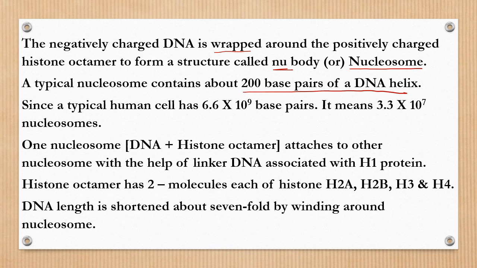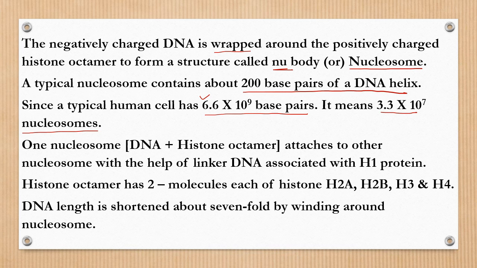Since a typical human cell has 6.6 × 10^9 base pairs, it means 3.3 × 10^7 nucleosomes are present in the cell. So, how many nucleosomes are present in a diploid human cell?